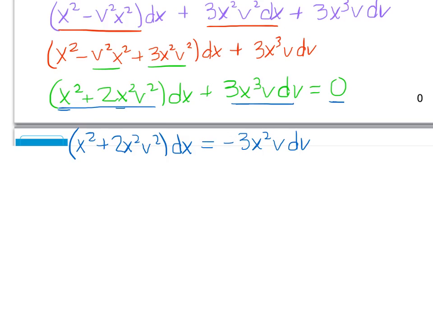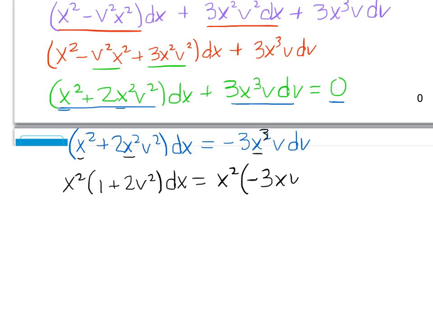Now, if you notice, every term here has an x squared, so let's factor that out as well. So we have x squared times 1 plus 2v squared dx equals x squared times, oops, and this up here is really an x cubed, a negative 3x v dv.